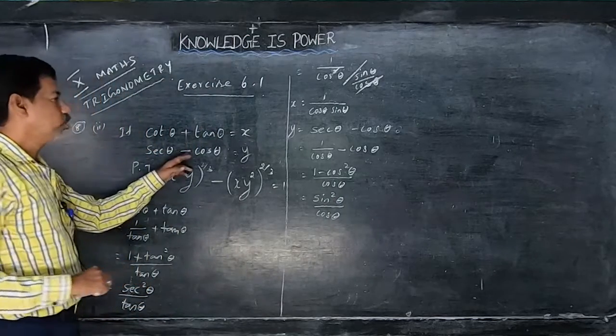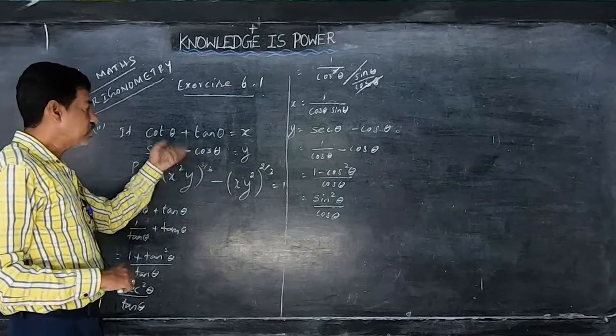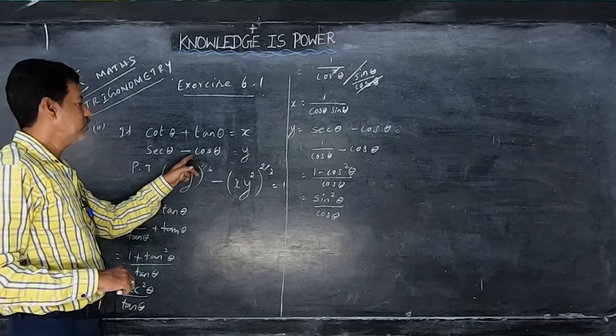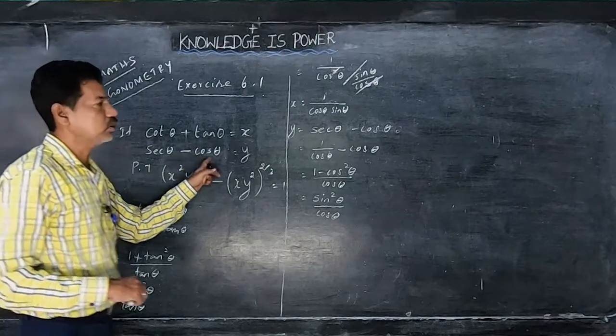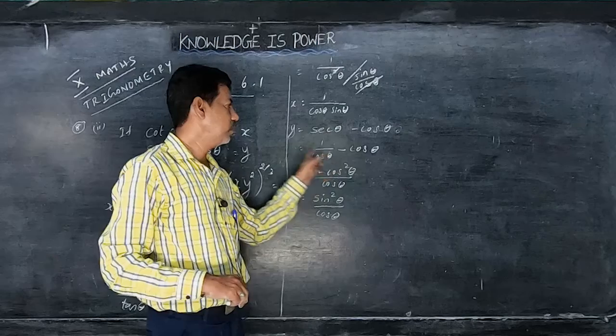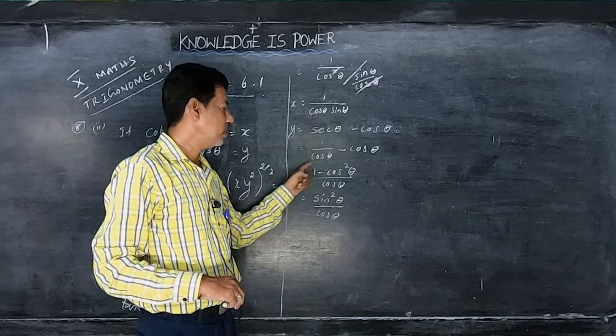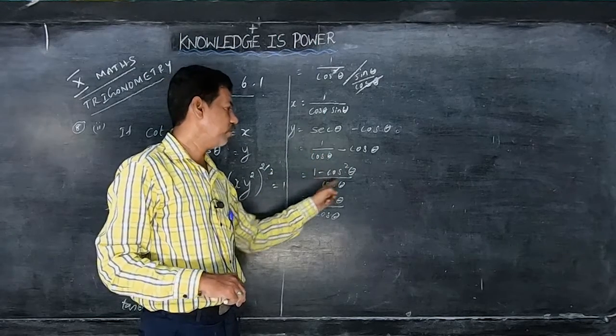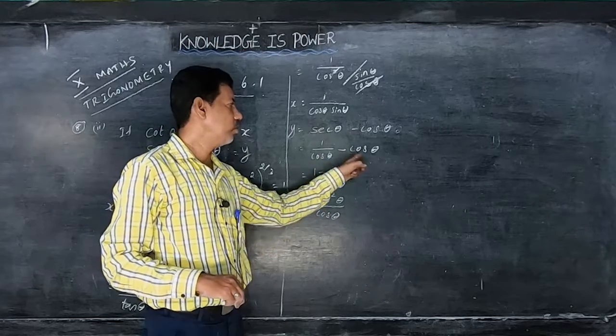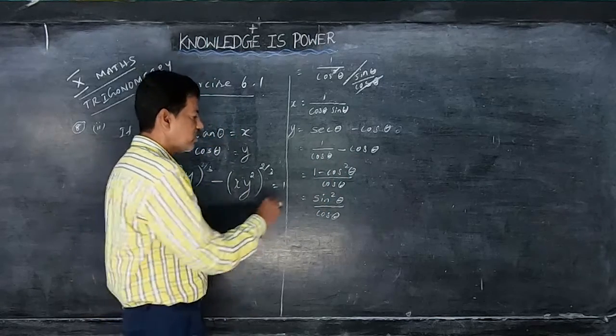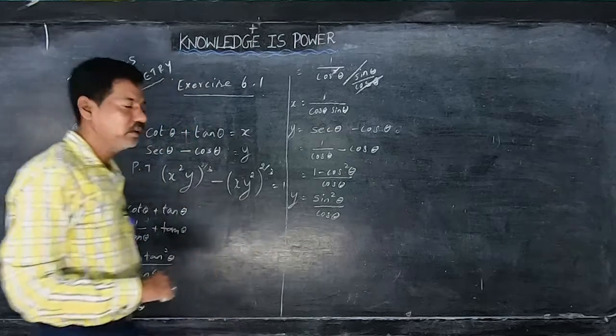Okay, so change the question here. I wrote the value of the next question here, so change it. Write secant theta as 1 by cos, so 1 minus cos square theta by cos theta, because cos into cos is cos square. Now this is y.